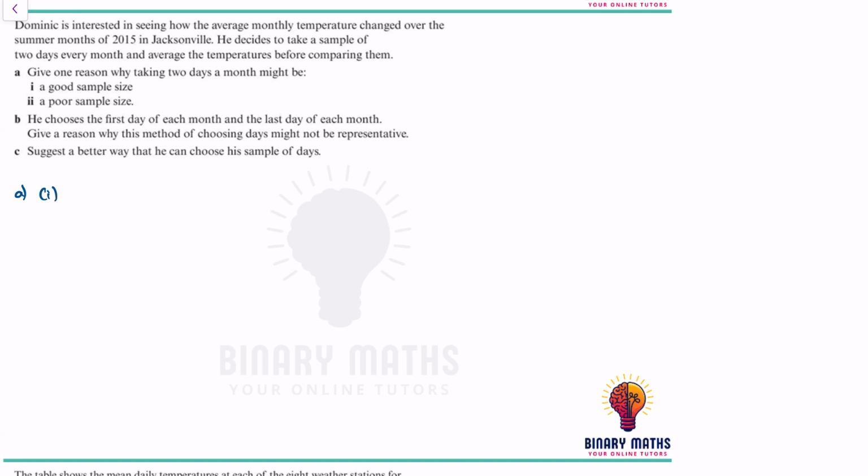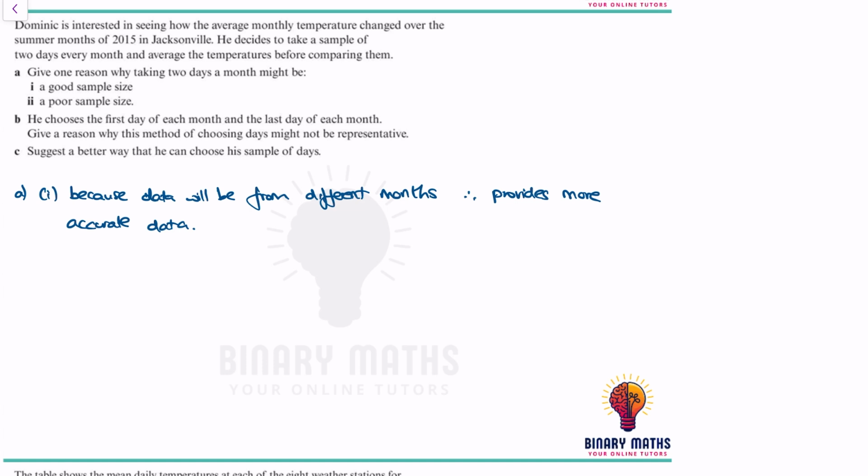Because 2 days a month means you're taking every single month into account. Because the data will be from different months, therefore it provides more accurate data.